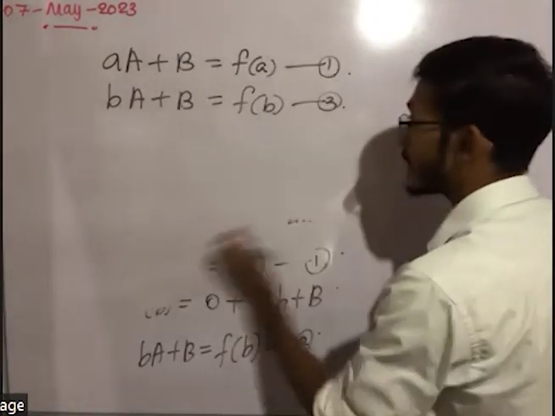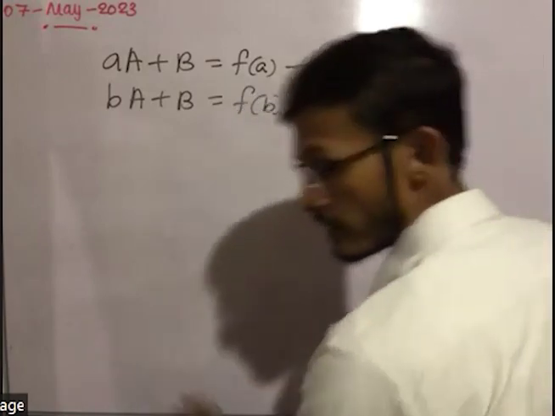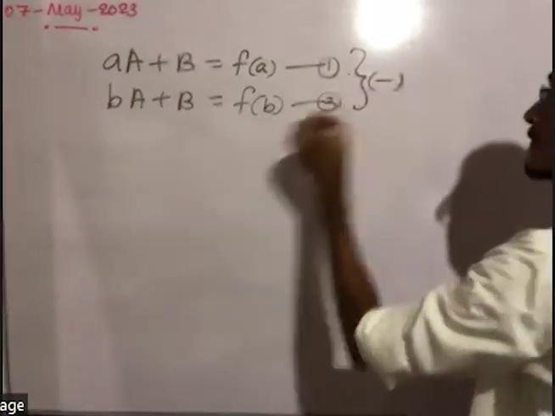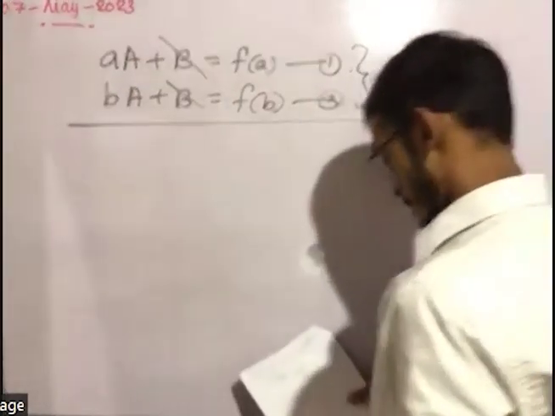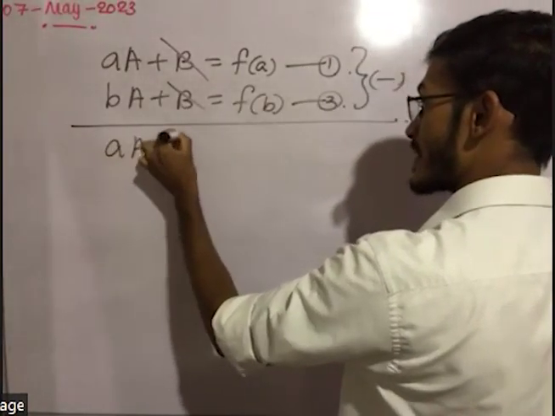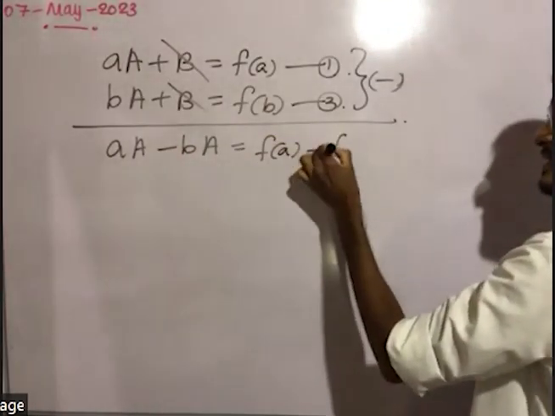You can subtract number 2 from number 1. If you subtract these two, capital B cancels. Then capital A times A minus capital A times B is equal to FA minus FB.